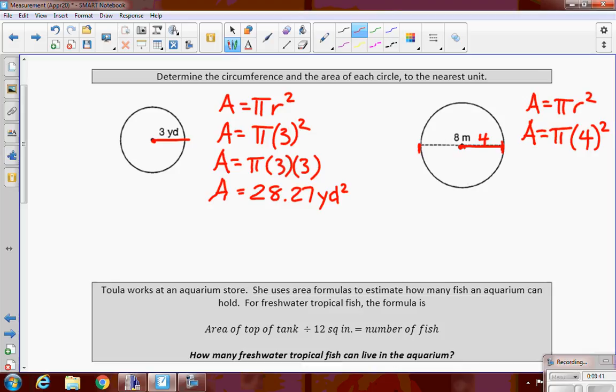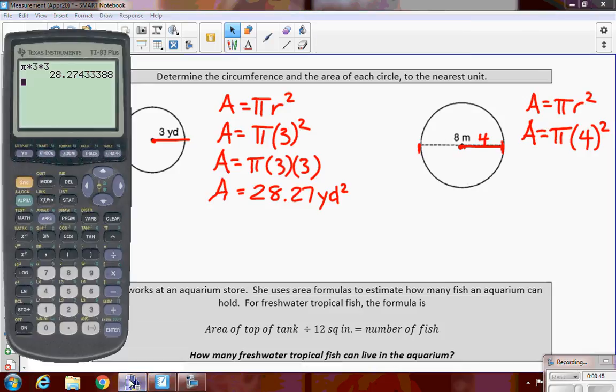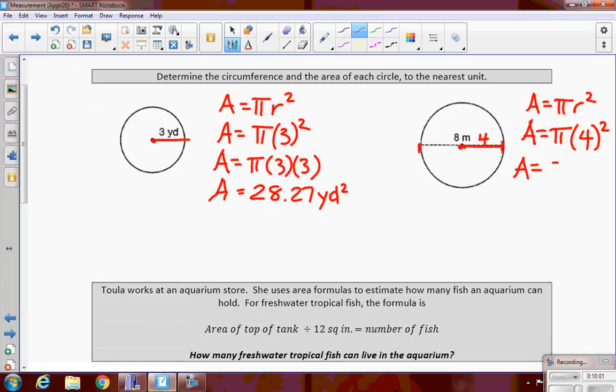And again, I'm going to show you what this looks like on the calculator, and I'm going to use the squared button this time. So I'm going to say pi times 4 squared, again rounding, that would be 50.27 square meters.